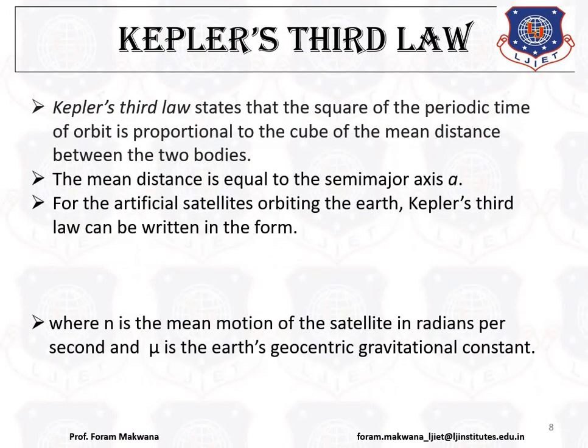Now Kepler's third law. Kepler's third law states that the square of periodic time of orbit is proportional to the cube of the mean distance between two bodies.